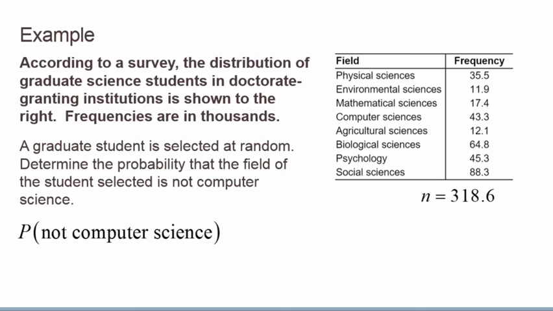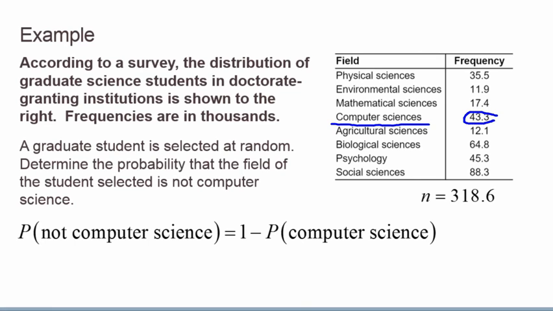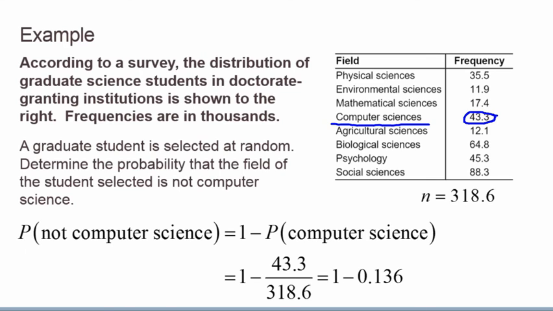Since all probabilities add to be 1, one way that we can work this problem is 1 minus the probability the student selected is in computer science. Computer science has a frequency of 43.3. So we have 1 minus 43.3 divided by 318.6, which equals 1 minus 0.136, which gives us a final answer of 0.864.